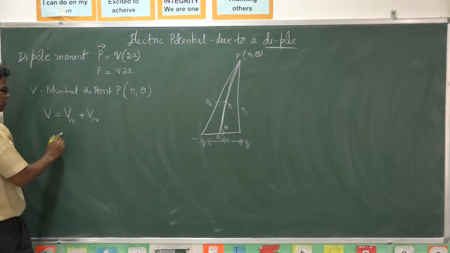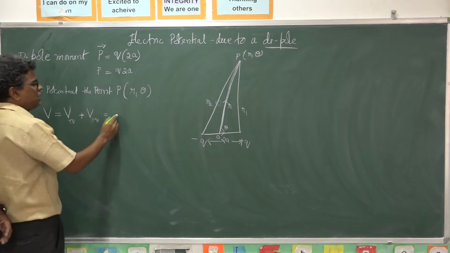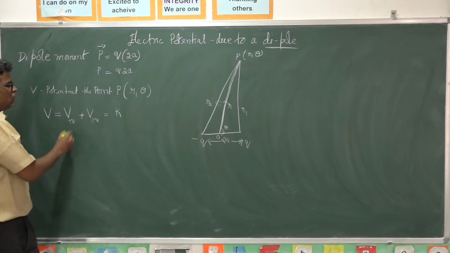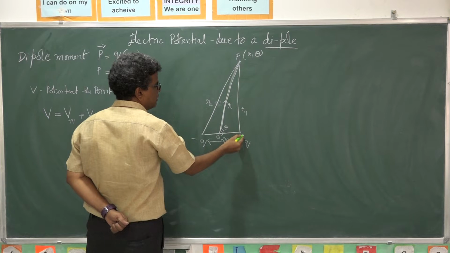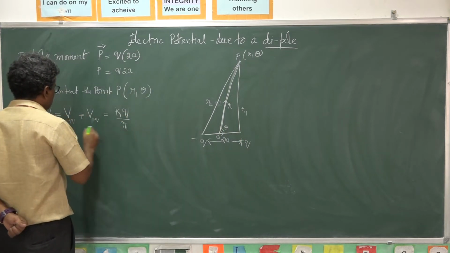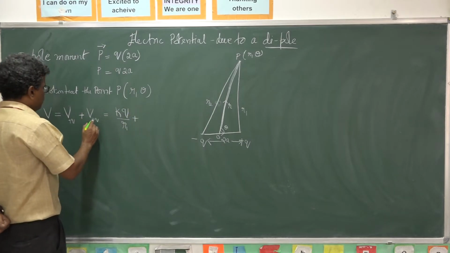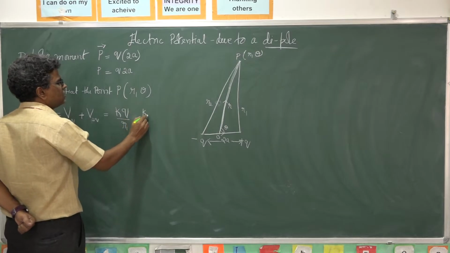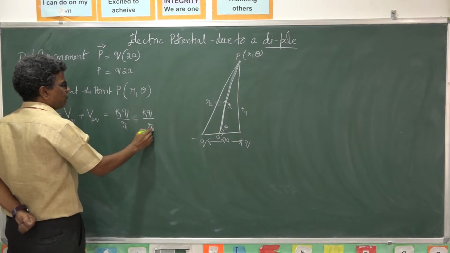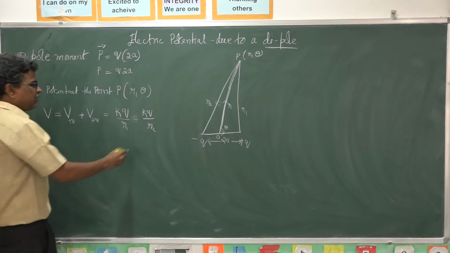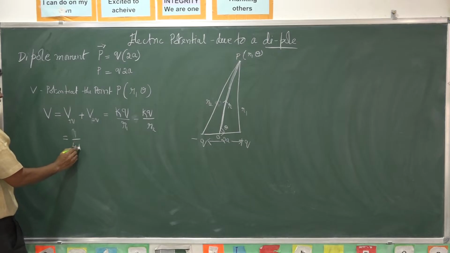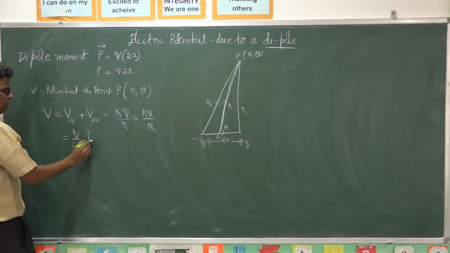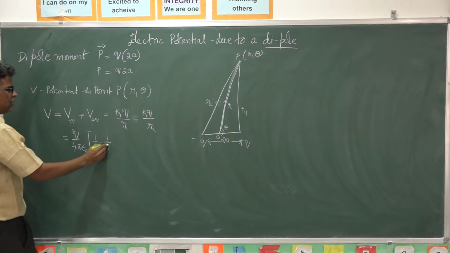The potential due to plus q is k q by r1, where k is 1 by 4 pi epsilon naught and r1 is the distance of the point from that charge. Plus the potential due to minus q, which gives minus k q by r2. This is the net potential. K q is common, so V equals q by 4 pi epsilon naught times 1 by r1 minus 1 by r2.